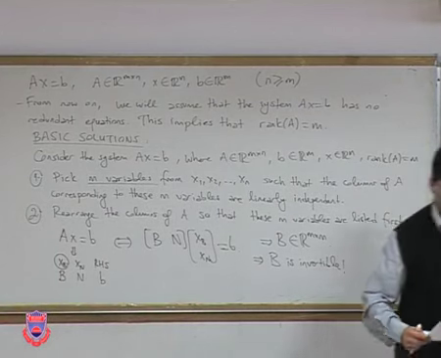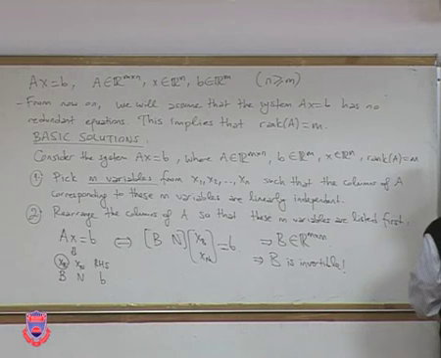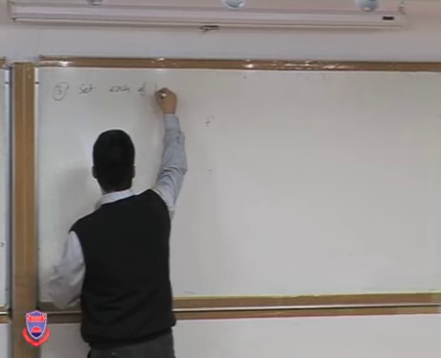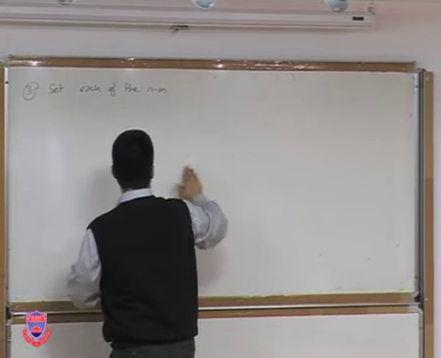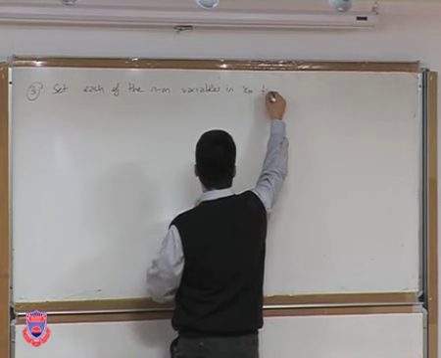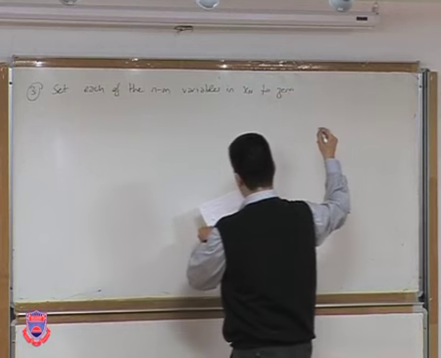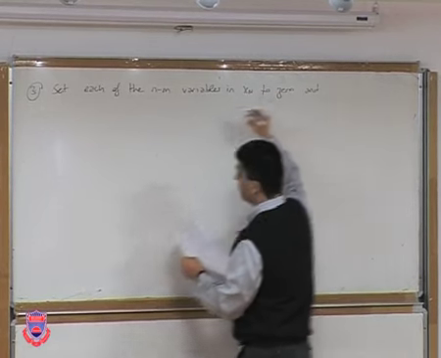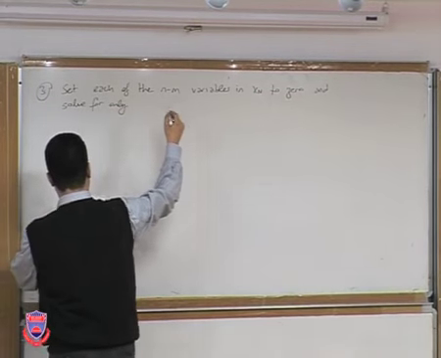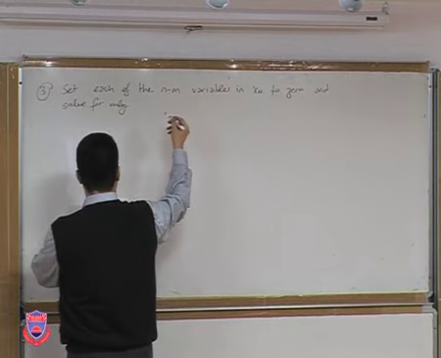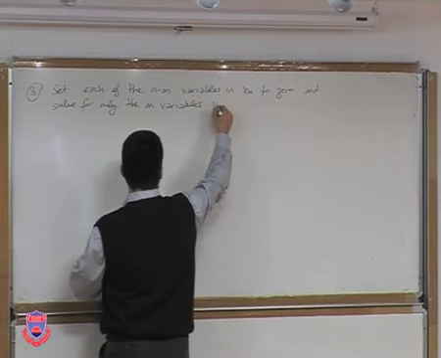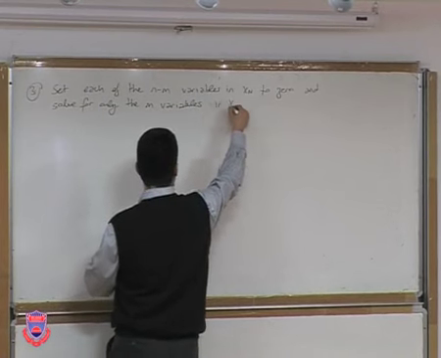All right, in the third step, we're going to set each of the n minus m variables in xn to 0 and solve for only the m variables in xb.